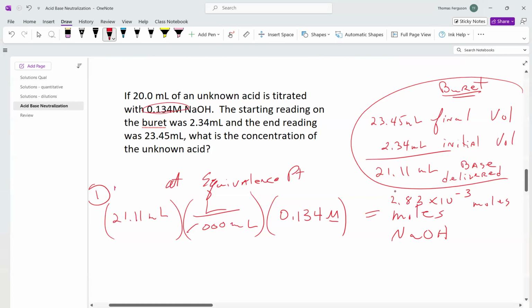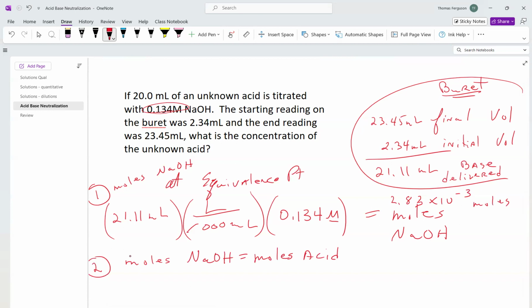So we need to get moles of sodium hydroxide. So at the endpoint, at the equivalence point, moles of acid and moles of sodium hydroxide are equal.